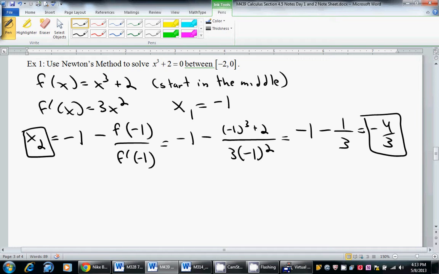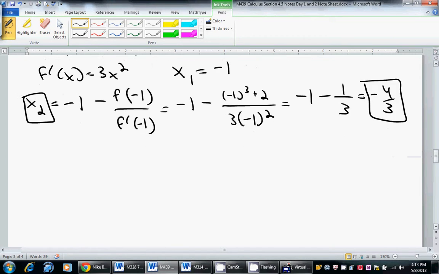Now, I want to keep doing this until my x values stop changing. So if I do x sub 3 now and I get -4/3 again, that's going to tell me -4/3 is my x-intercept. So let's find out if that's true.